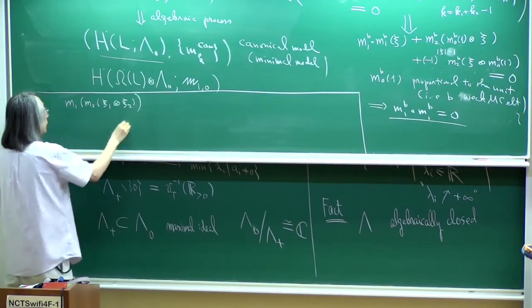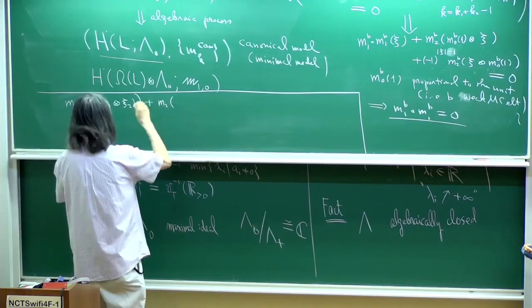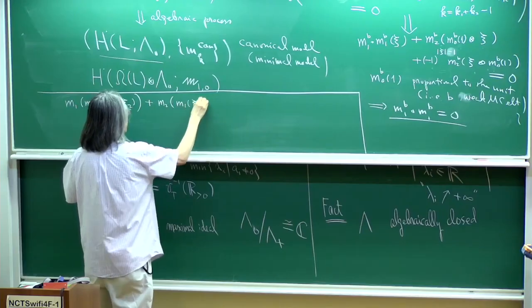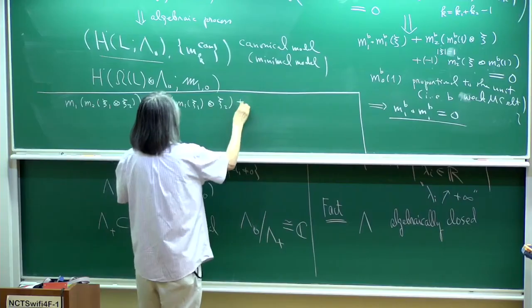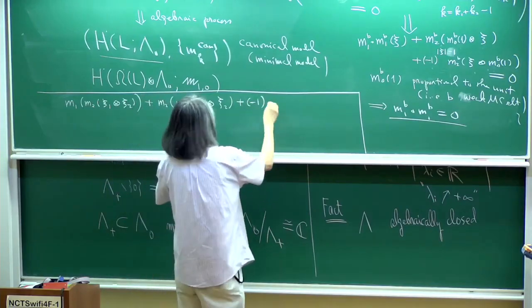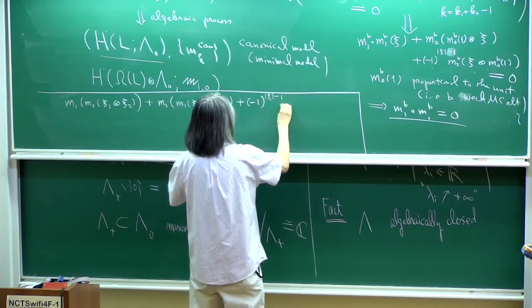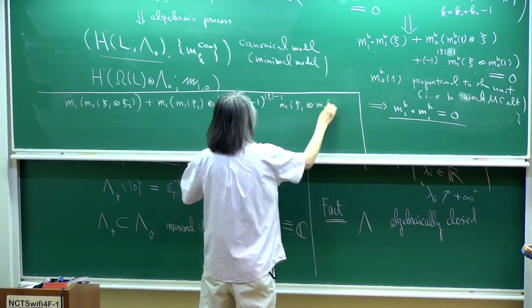Then this one is equal to this one plus M1 xc1 tensor xc2, plus (-1) to the power xc1 minus 1 of M2 of xc1 tensor M1 xc2.